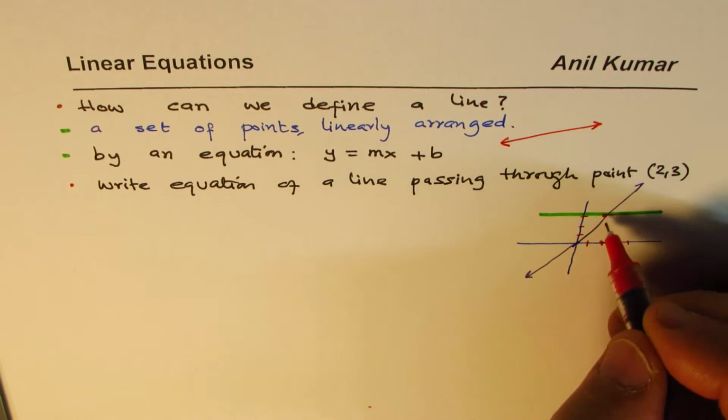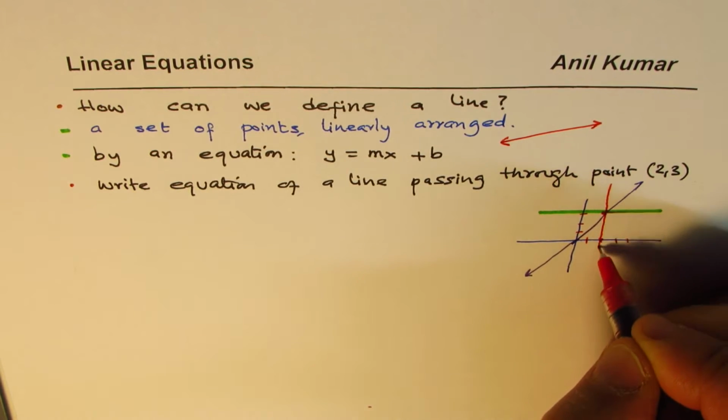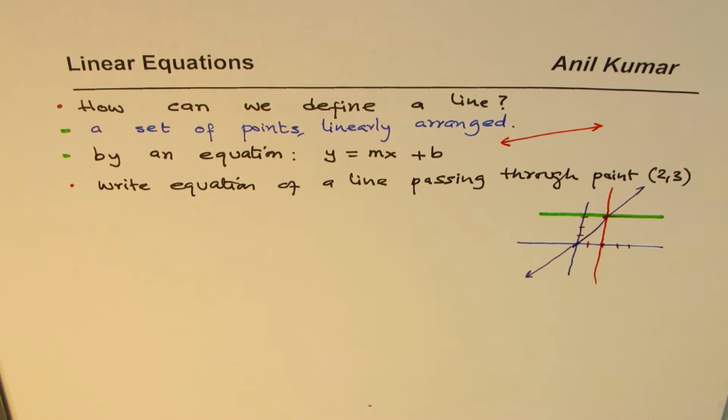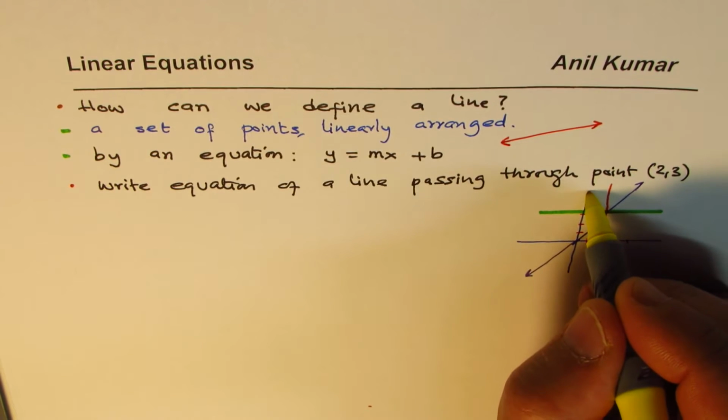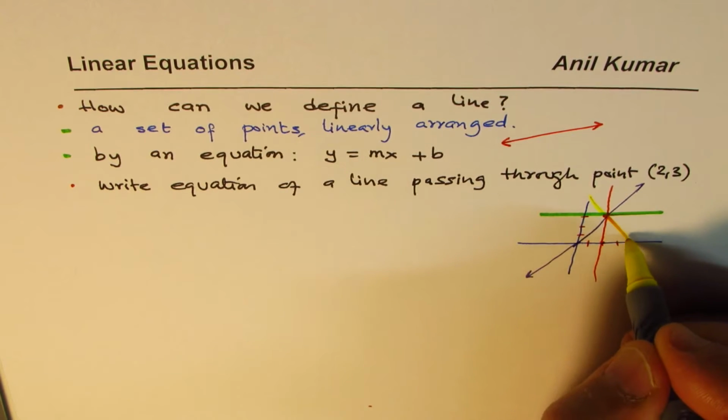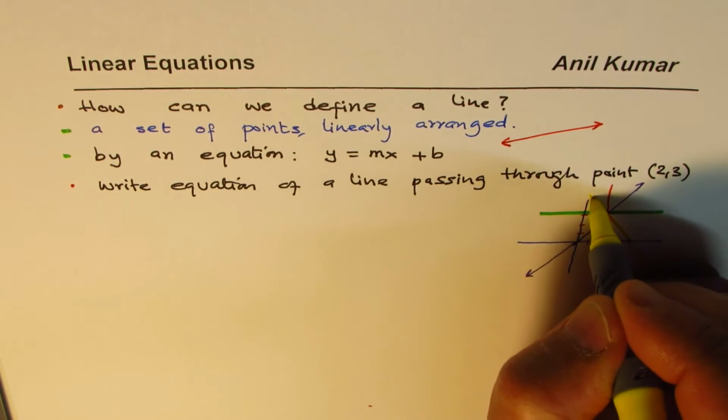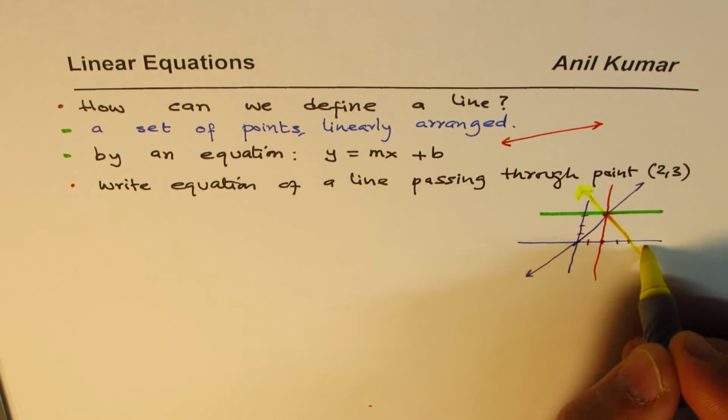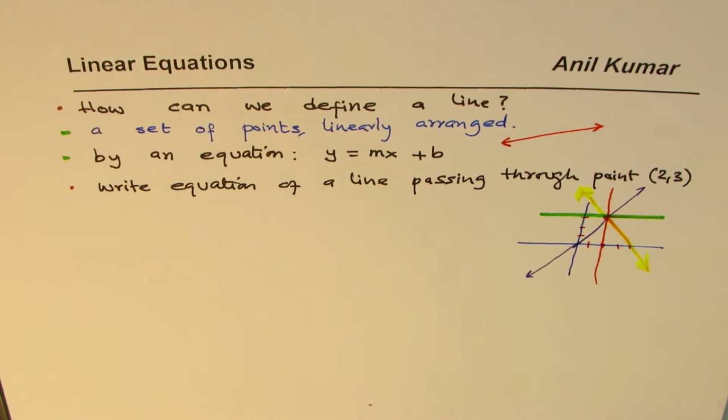I could say, well, there could be a vertical line. Likewise, I could draw many lines going through this point 2, 3, right? So which line am I talking about? That is not very clear. So we say, well, define your line, come on. Which line are you talking about?